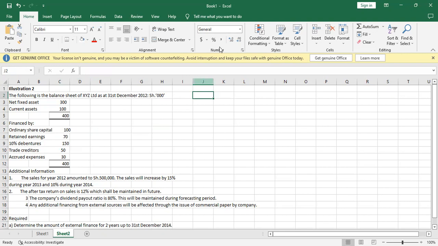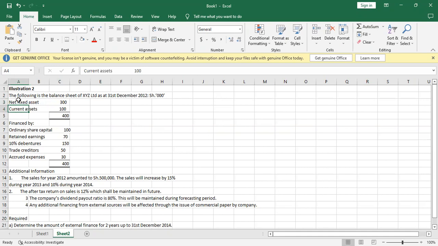We've said we are going to follow some steps. The first step is to identify the various items in the balance sheet that are related to sales. So you can see the net fixed asset is one. The current assets is the other.